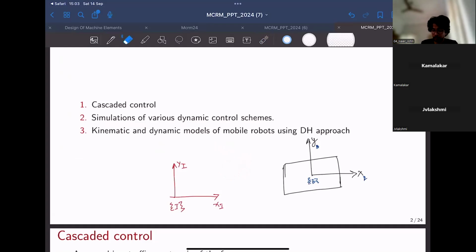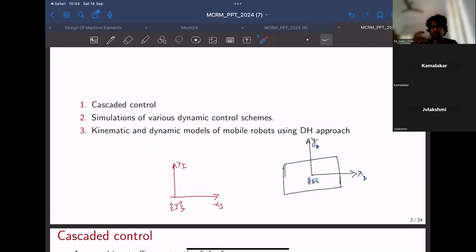After that, you can directly apply the frames as per this DH convention, then propagate the velocities from the inertial frame to the body frame. In the forward direction, you can propagate the velocities and accelerations. And then you can propagate the forces and moments in the opposite direction, from the body frame to the inertial frame.